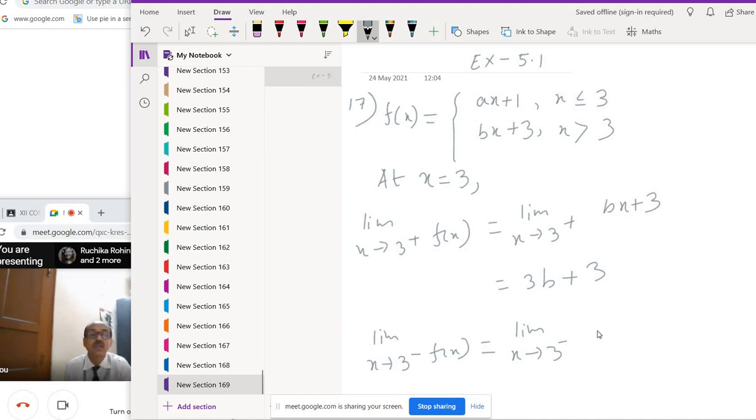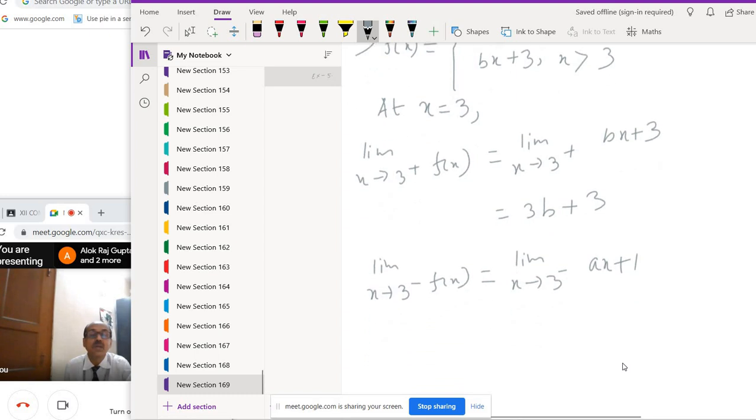Now putting x equal to 3, this is equal to 3a plus 1.